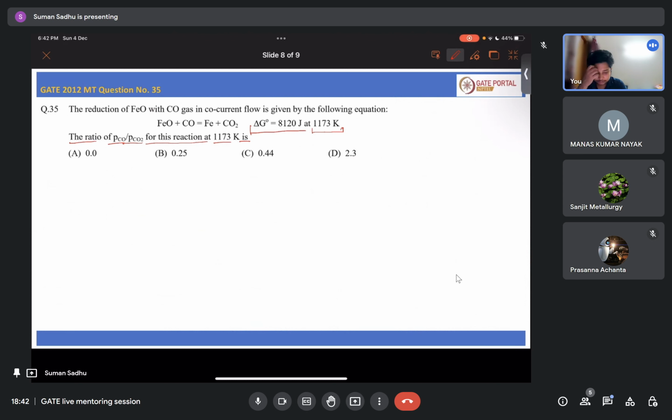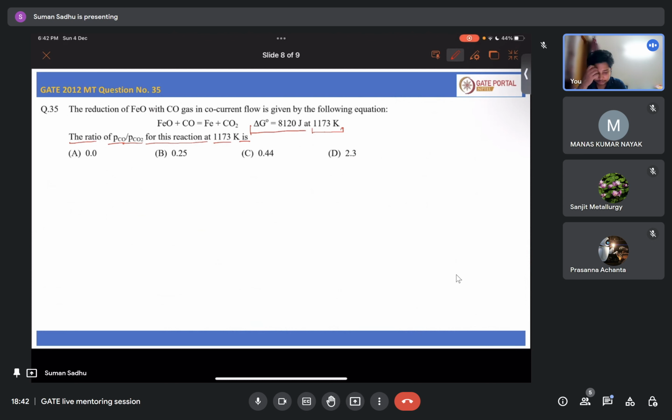Sir, delta G is equal to minus RT ln K. Yes. So for any reaction, you can write that delta G is delta G naught plus RT ln Q. Now at equilibrium, what will happen? Delta G is 0.